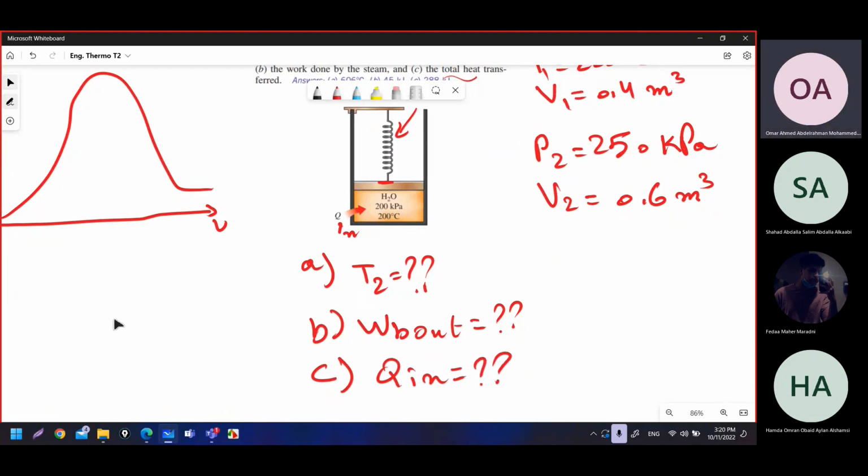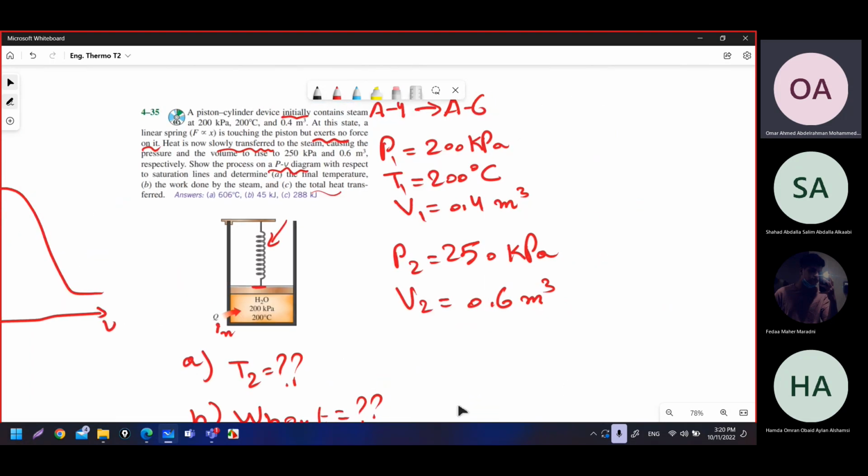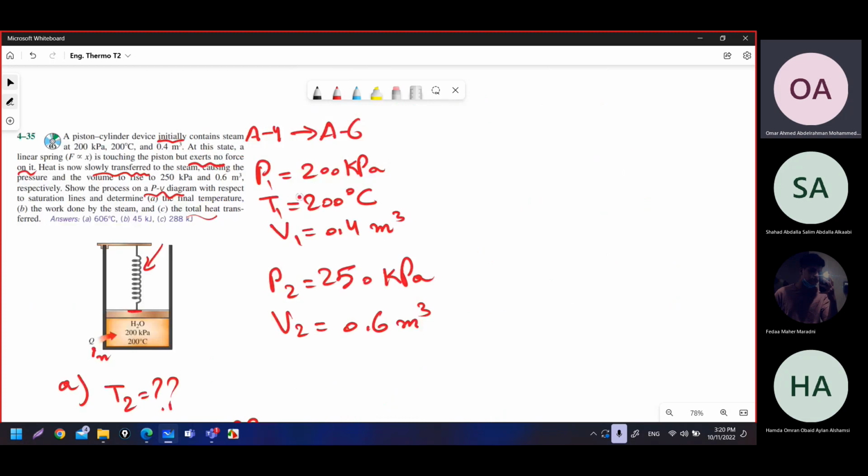Now, in order to draw the process on a PV diagram, I have to know state 1 and state 2. Is it superheated? Is it a saturated mixture? Where is the region for these states? For state 1, I will use the pressure table. I have the pressure and the temperature, so I can use any one of them.